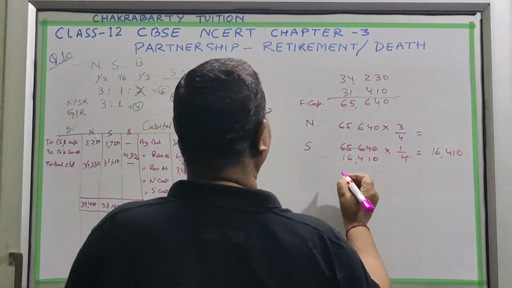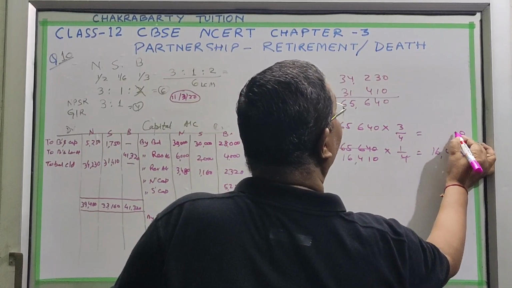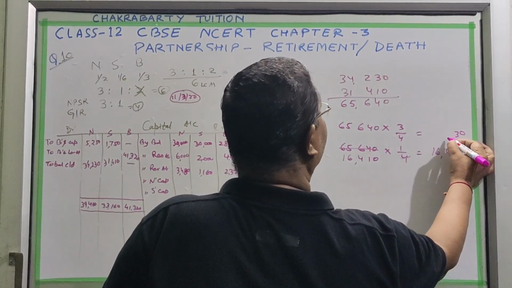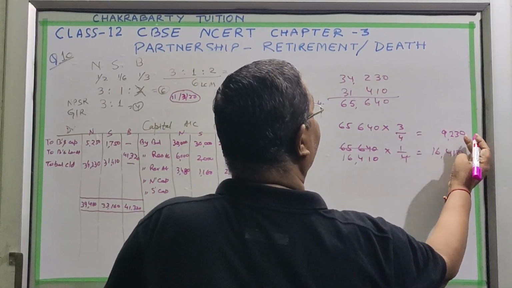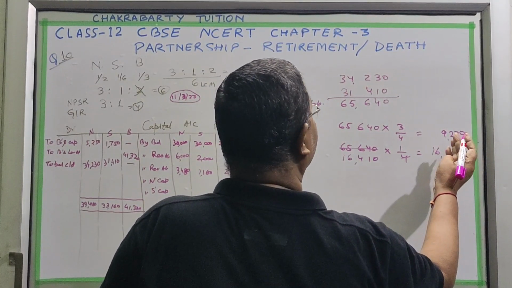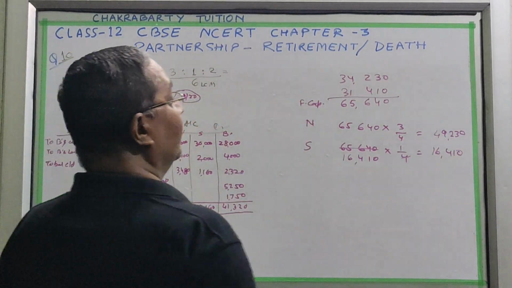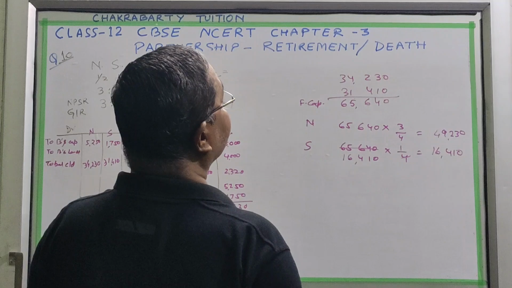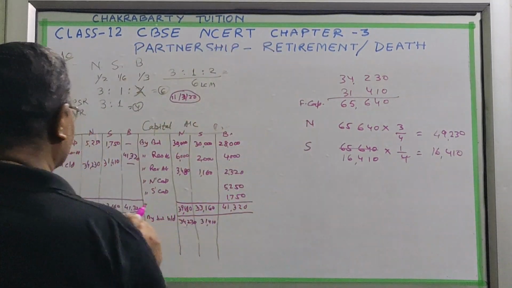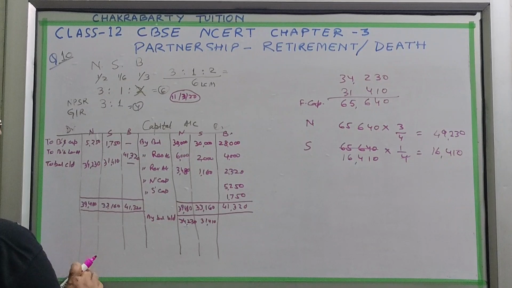His capital will be this much, and his will be 3 times. His will be this 49,230. So we will write this balance to this side, and whatever the difference is coming, it will be adjusted through there.